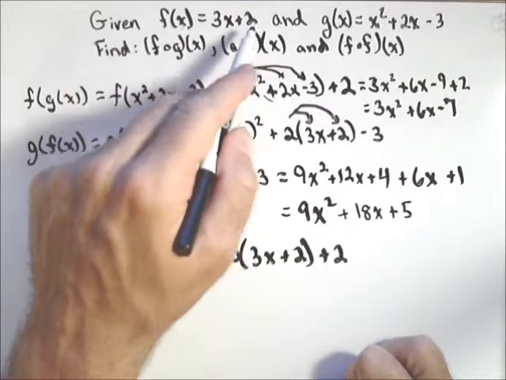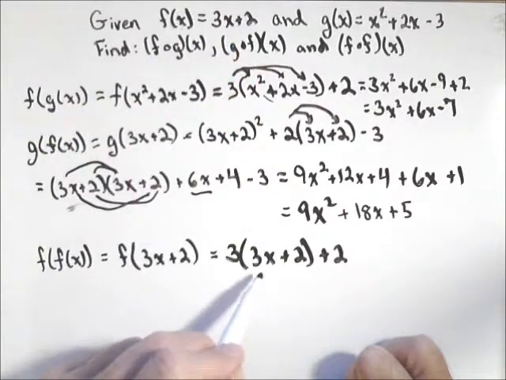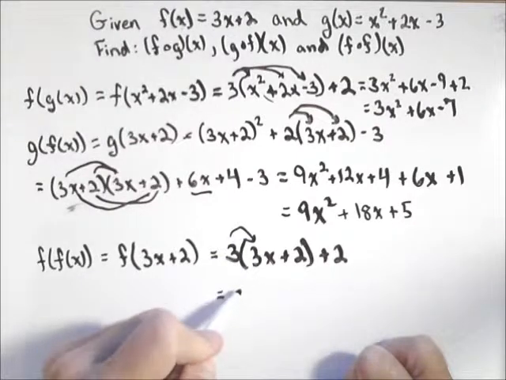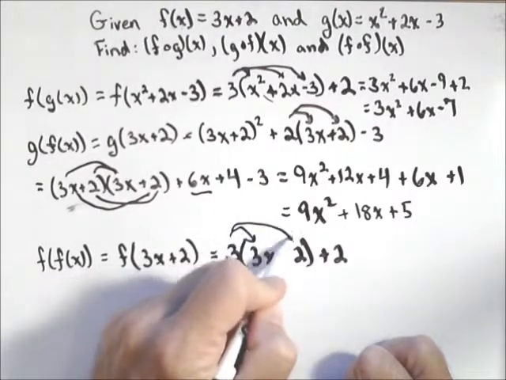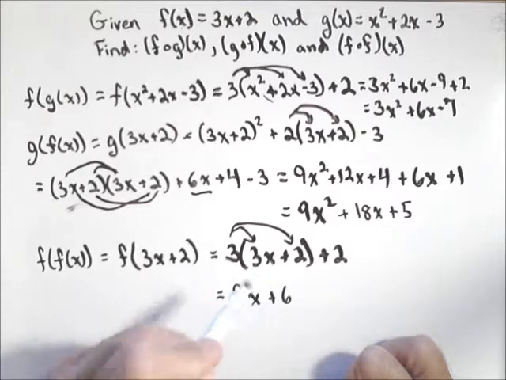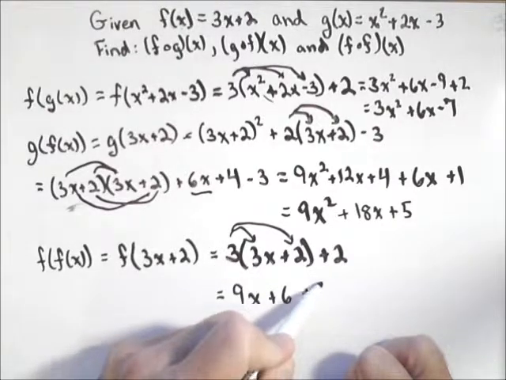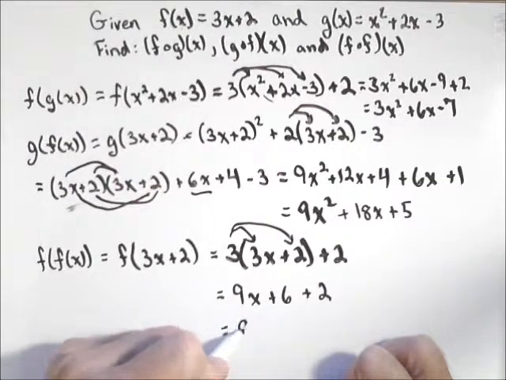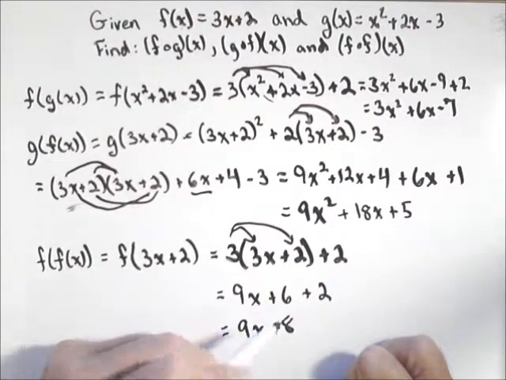That plus 2, remember, comes from the end there. This replaced the x. So now we'll distribute the 3, so we'll have 9x plus 6 plus 2 at the very end there, or 9x plus 8.